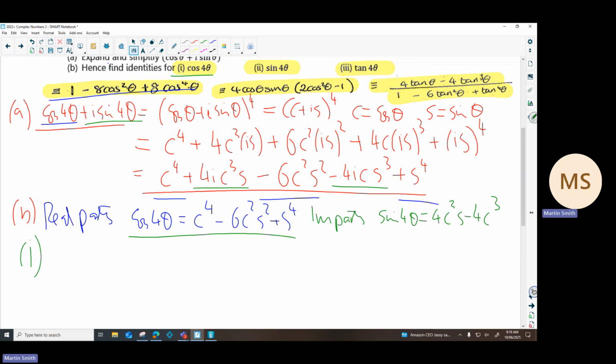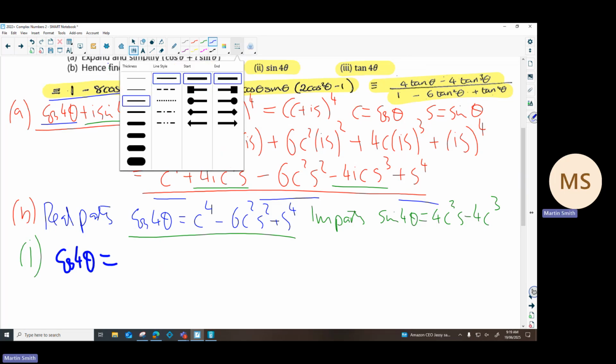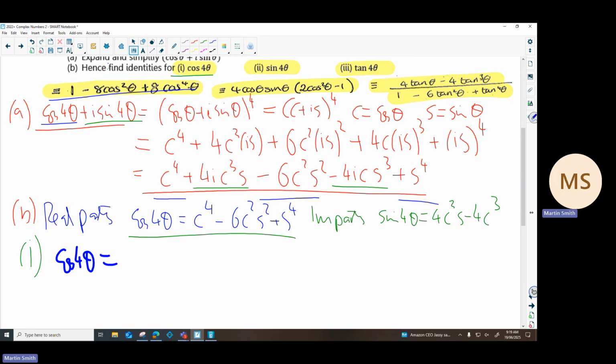So I can write down that cos 4 theta is equal to c to the 4 minus 6c squared times sine squared, which is 1 minus cos squared. So that's 1 minus c squared. And then plus sine to the 4. Well, sine to the 4 is sine squared squared, which is 1 minus cos squared squared.